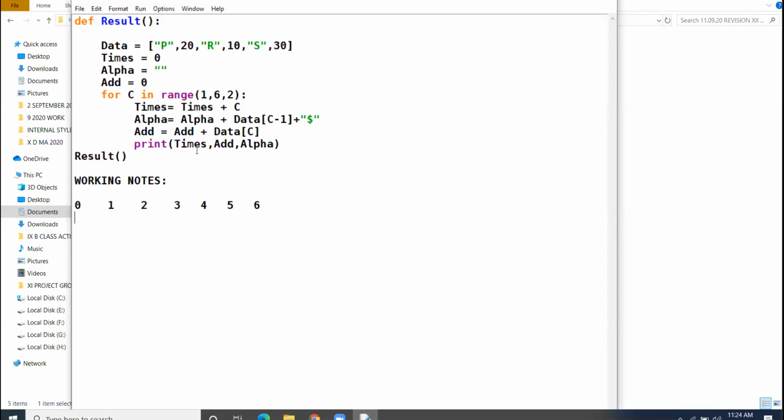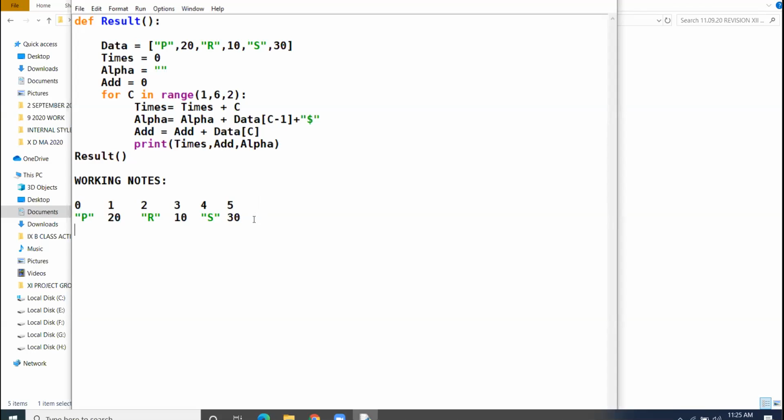At first we have letter P, then we have a number, then again we have a letter R, then we have value 10, then again we have string S, then we have 30. Right?